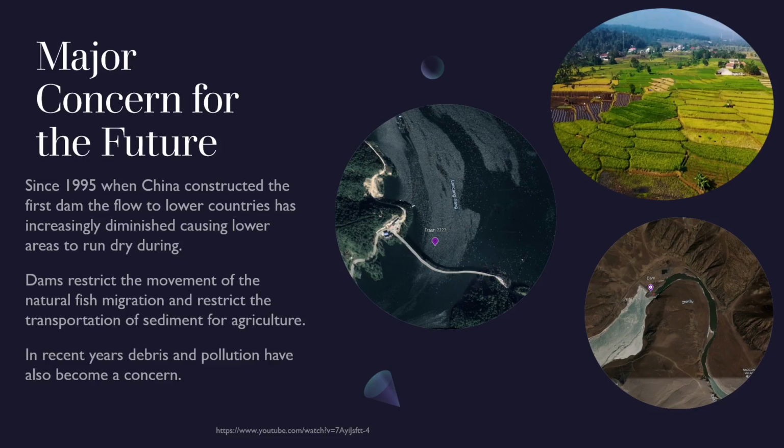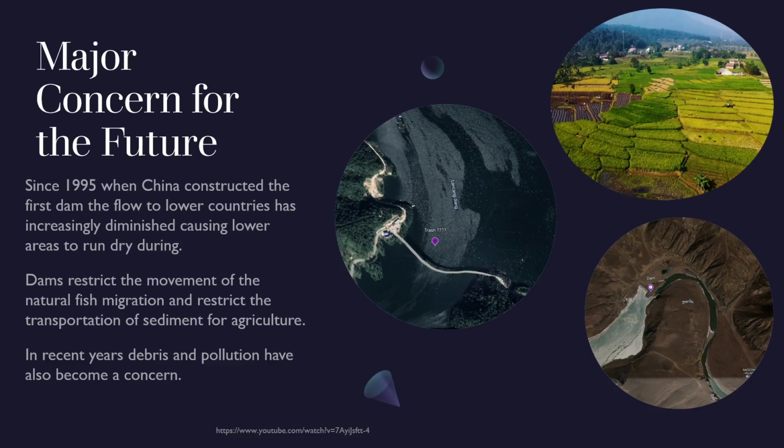These dams have restricted the movement of the fish, like the video I had just shown, and the sediment that is going to the agriculture. So the lower countries that require the fisheries, that require the industry and the economics that are brought from the fish and from the agricultural benefits, they are running into the issue that their land is not as fertile because of the sediment not being able to get past the dams as much.